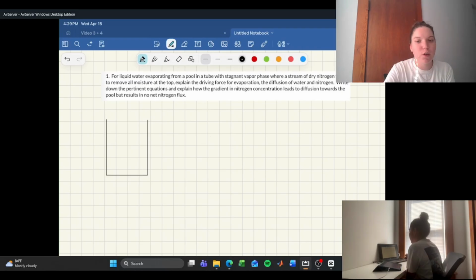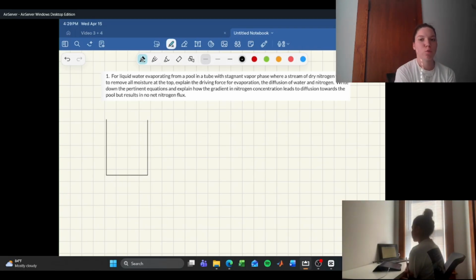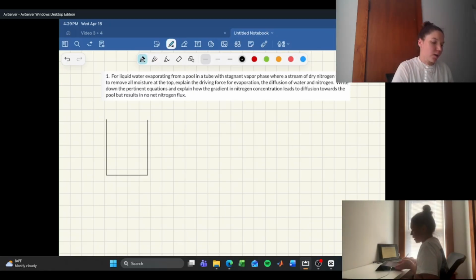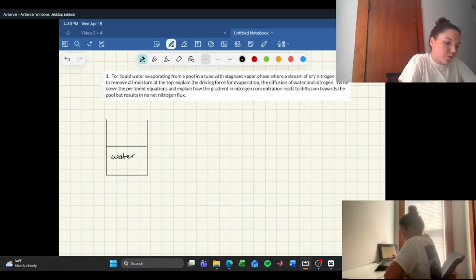So to start this video, I am going to explain the driving force for evaporation and explain the diffusion of water and nitrogen. For this example, we have a pool, so there's going to be liquid water in it, with a stagnant vapor phase where a stream of dry nitrogen flows.